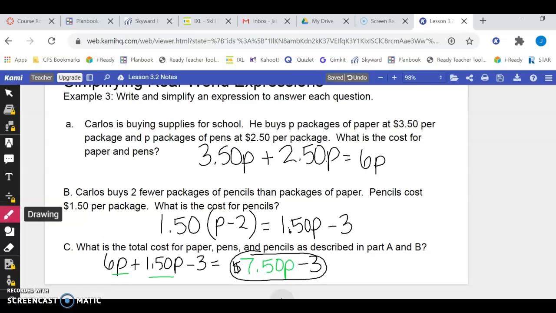The other thing I wanted to point out is I wrote $1.50, I wrote 1.50, and 3.50. In your answer, you don't have to have that 0 because it really doesn't mean anything. But if I told you he bought 10 packages, P was 10, then you would have to plug that in.